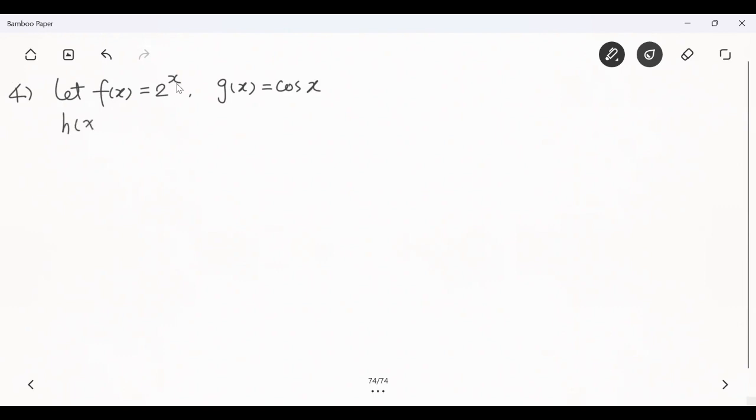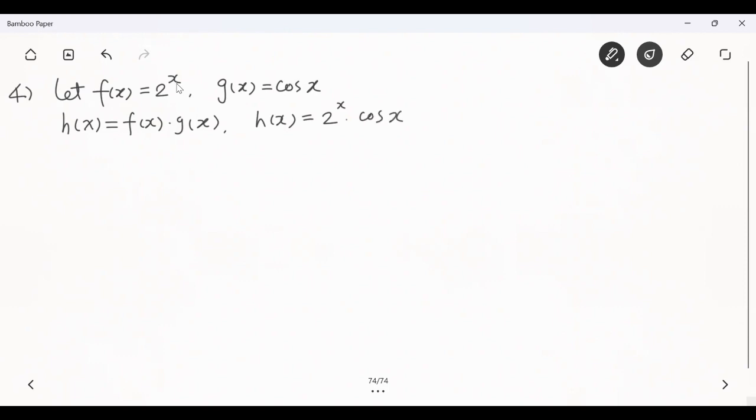Then the combining function is h(x) equal f(x) times g(x). That means h(x) equal 2 to the power x times cosine x.